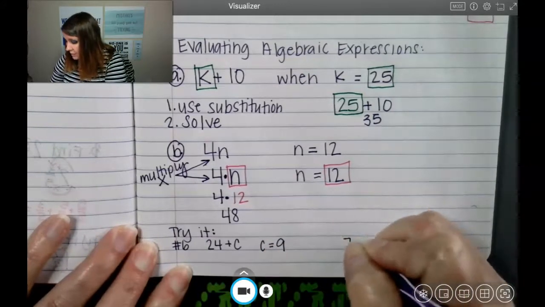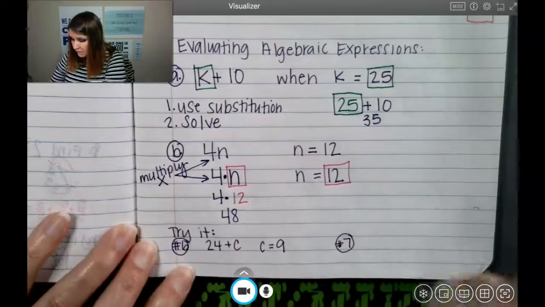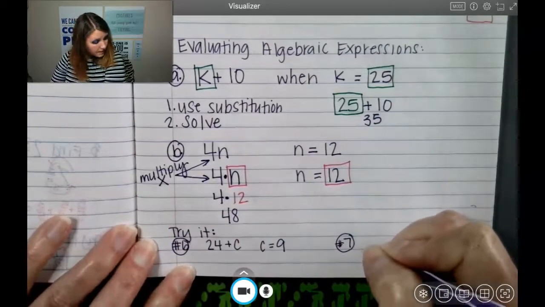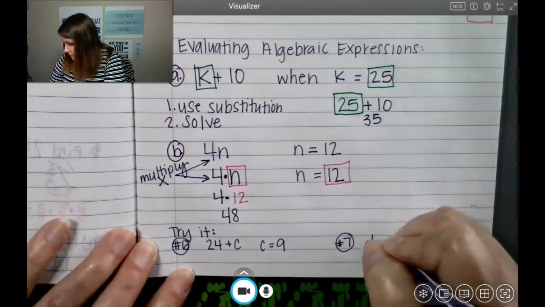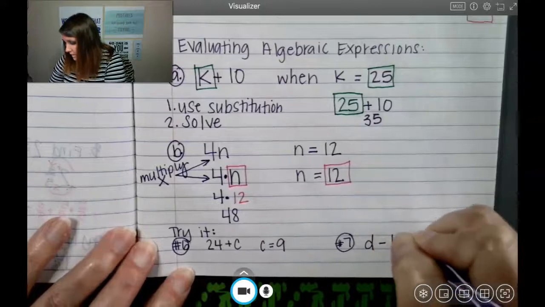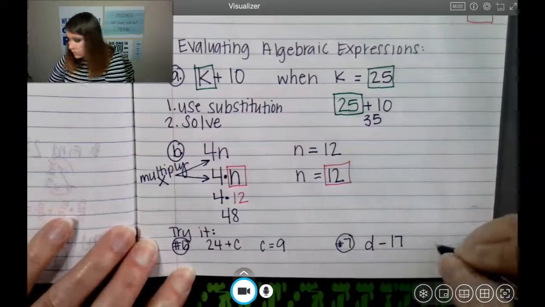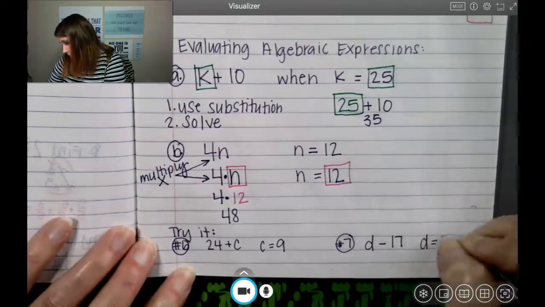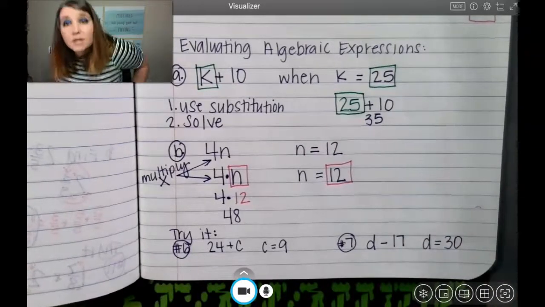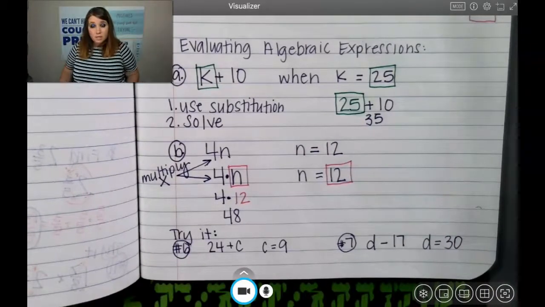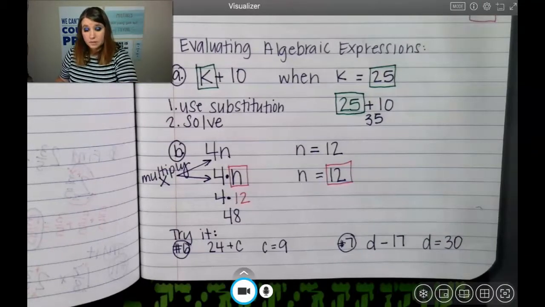And then try it number 7. Number 7 says D minus 17 when D equals 30. All right, so go ahead and pause the video right now so that you don't hear me talking to you, and so that you can solve these problems.